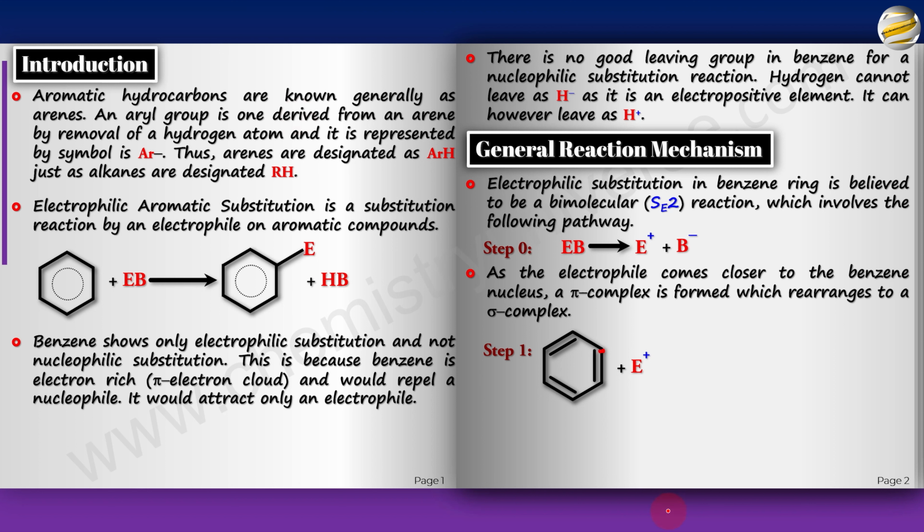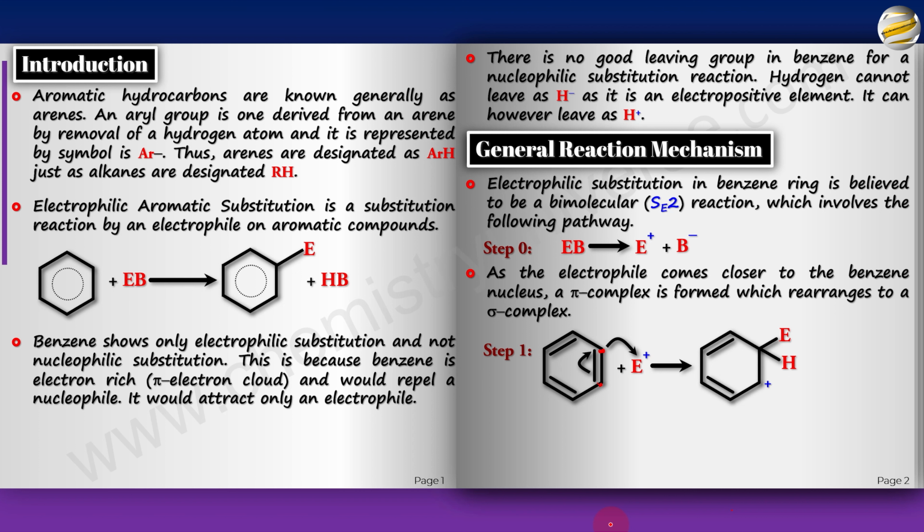So what would it do? It would tend to pull electrons from this carbon atom. Now this carbon atom is connected to this carbon atom by a pi bond. So as the electrophile tries to pull electrons from this carbon, the electrons of the pi bond move towards that carbon to which the electrophile has come closer, and then this attacks the E plus, giving you what is known as a sigma complex here.